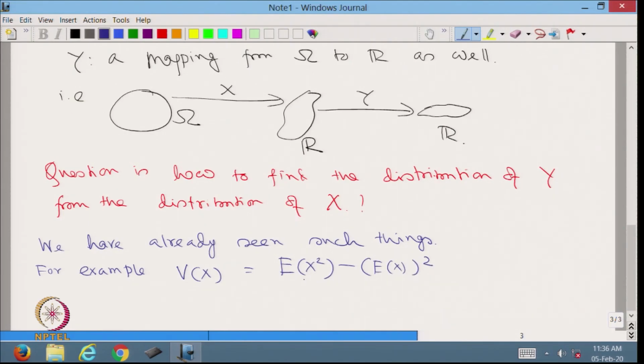Obviously, this is a function of X, and we obtained its expectation.